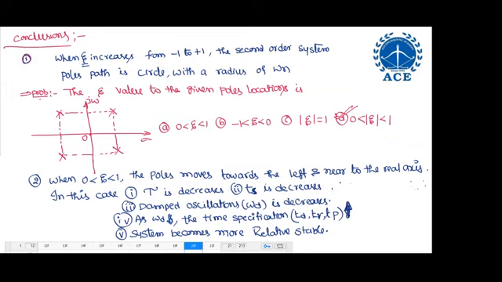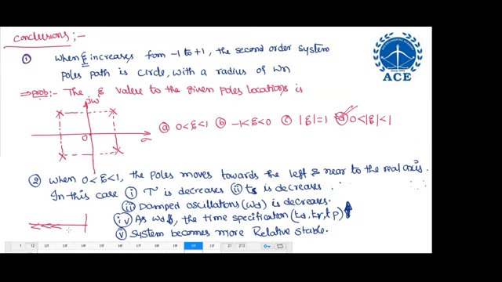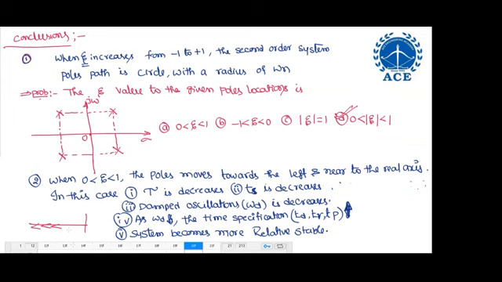Can't it be increasing, because we move far from the real axis? As you move toward the left, what is the tau? It decreases. Okay, sir, got it.